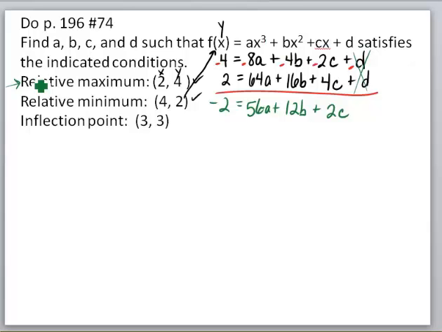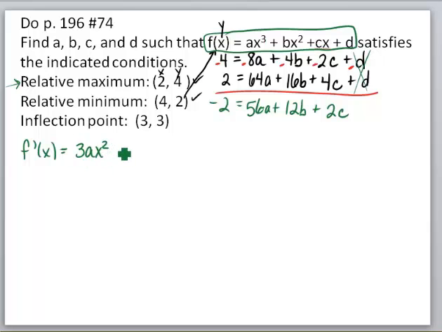So I'm going to find the first derivative of the original function right here. The first derivative would be 3a x squared plus 2bx plus c. Well, what does that do for me?